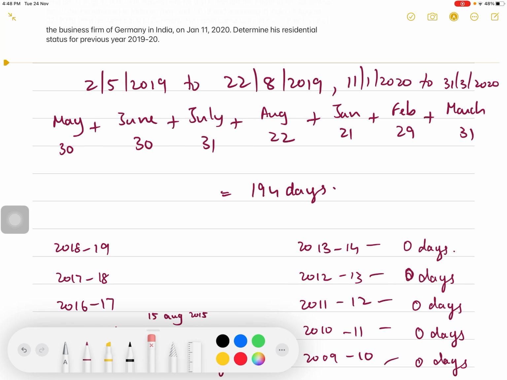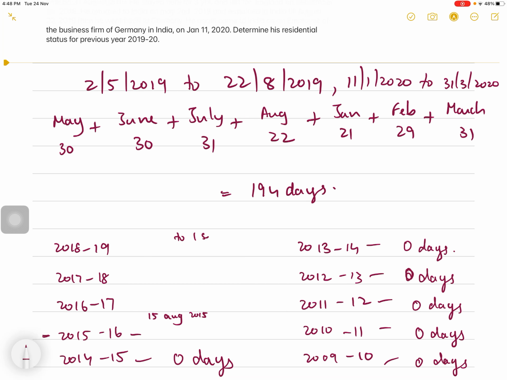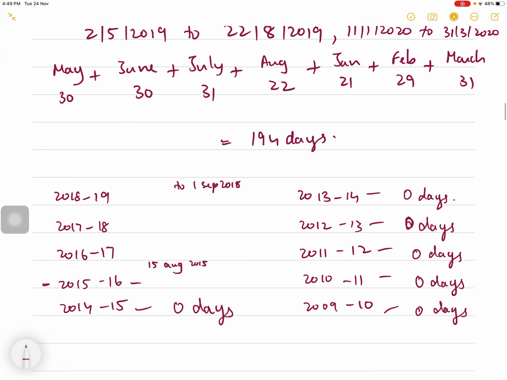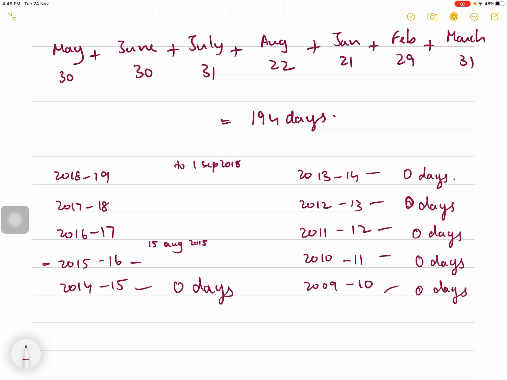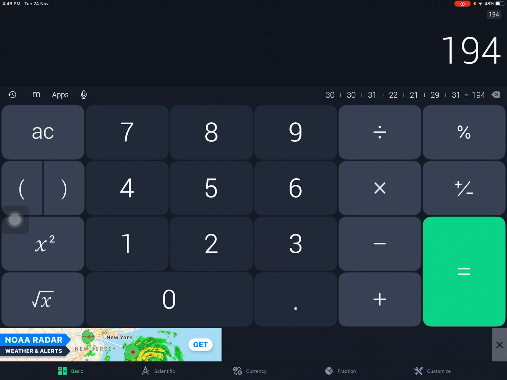So during 15-16 he was in India from 15th August 2015 to 31st March 2016. In the month of August he was there; August has 31 days, out of that 14 days he was not in India. So 31 minus 14.